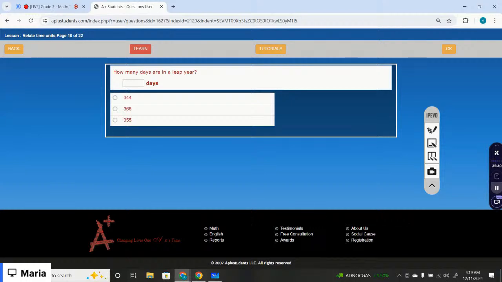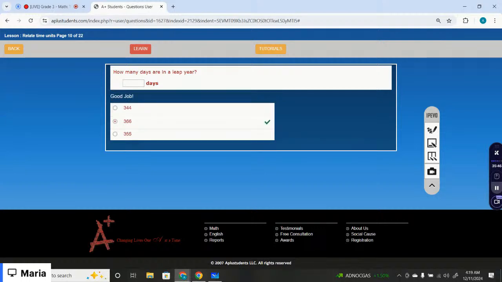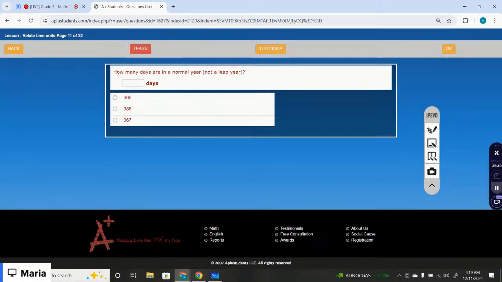In a leap year, there are 366 days. In leap year, you have one more day, so that is 366.